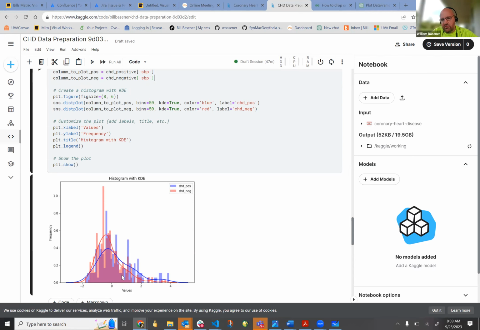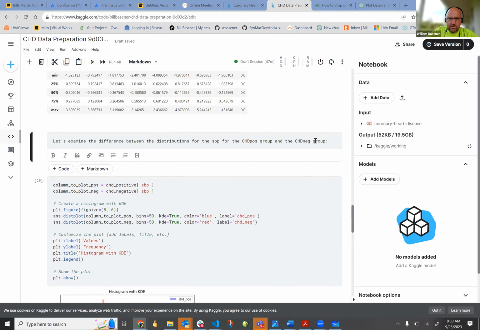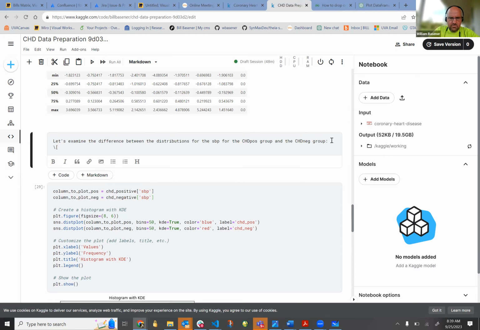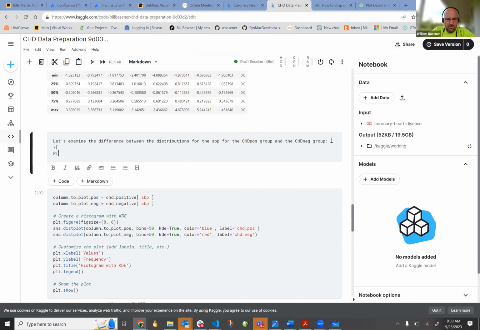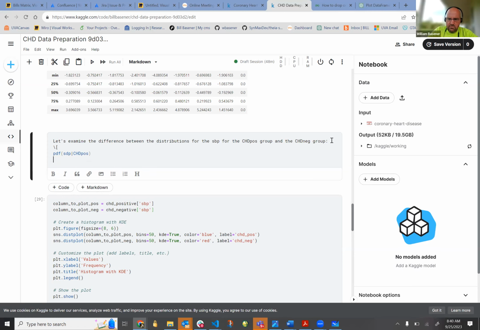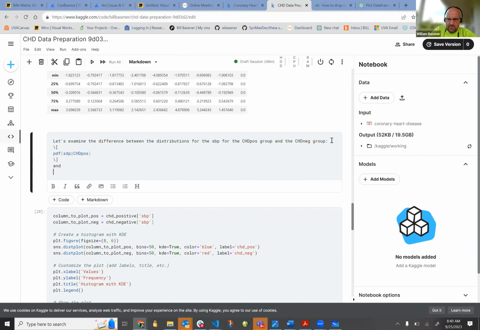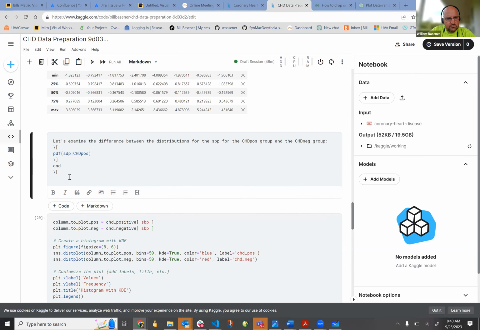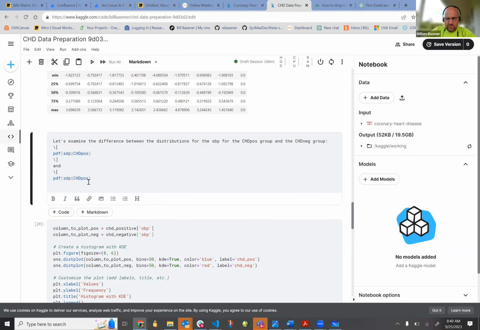This is what our likelihood would be, right? You could think about this as the probability of, it's the PDF for SDP given CHD positive, and I'm writing LaTeX in here.